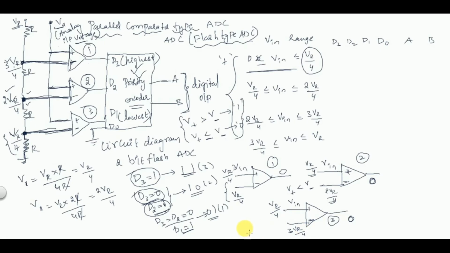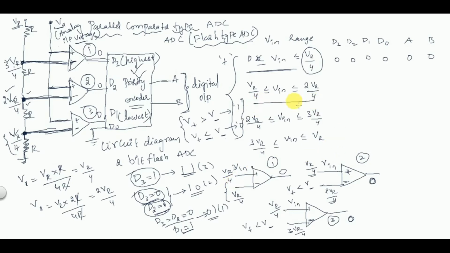So the output of each and every comparator is 0. That means 0 is applied to D3, D2 and D1, and obviously D0 is also 0. When all the inputs are 0, the priority encoder output is also 0.